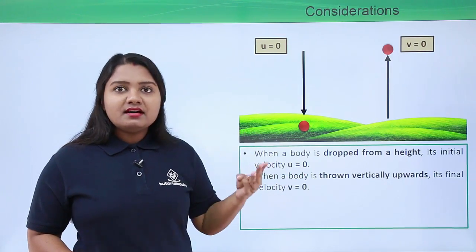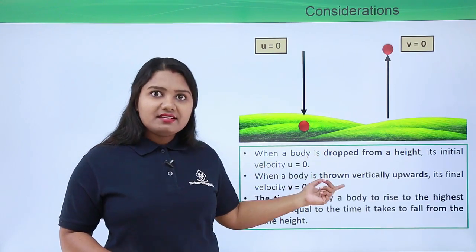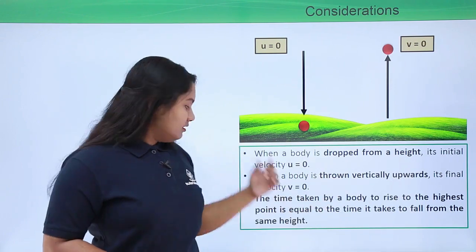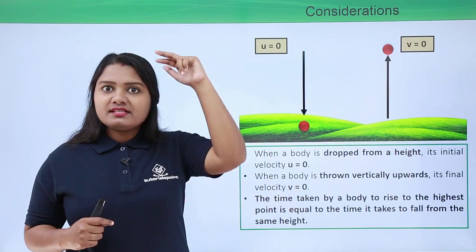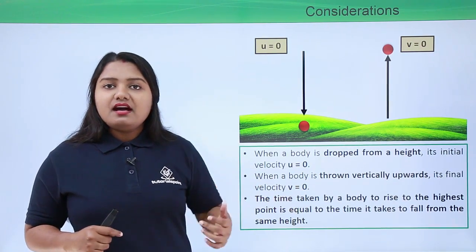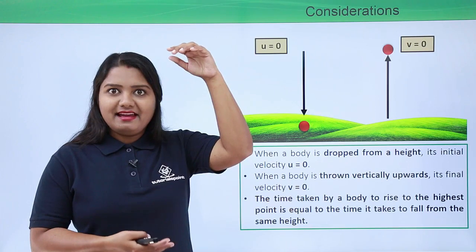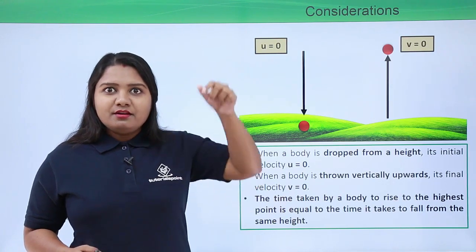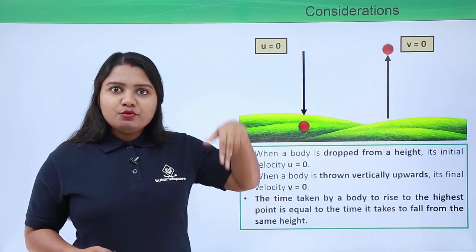The third thing, which is a very important thing that we need to know, is that the time taken by a body to rise to the highest point is equal to the time it takes to fall from the same height. This means that when I throw a ball upwards, it reaches the maximum height, and then it falls back to the earth. The time this ball takes to reach the maximum height is exactly equal to the time it takes, starting from the maximum height, to move downwards.